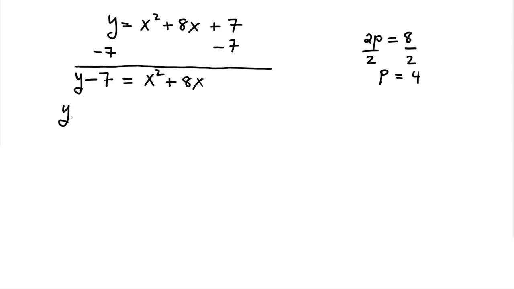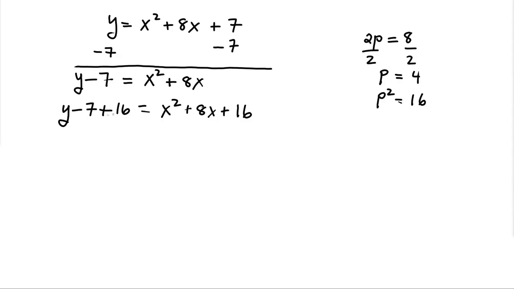So I'm going to get y minus 7 plus, what is p squared? Let me write that down here too. P squared is 4 squared, which is 16. So I'm going to add 16 on this side, and I'm going to add 16 on that side.